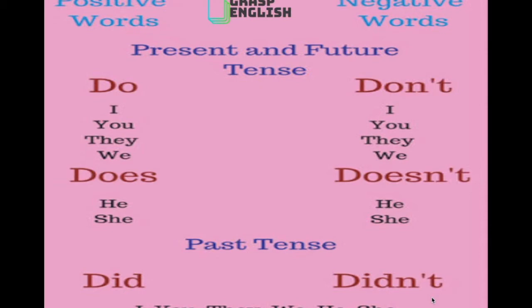But with did, there is no difference between singular or plural, because did is used with all singular and plural subjects. It does not matter whether it is singular or plural, and the negative form of did is didn't.